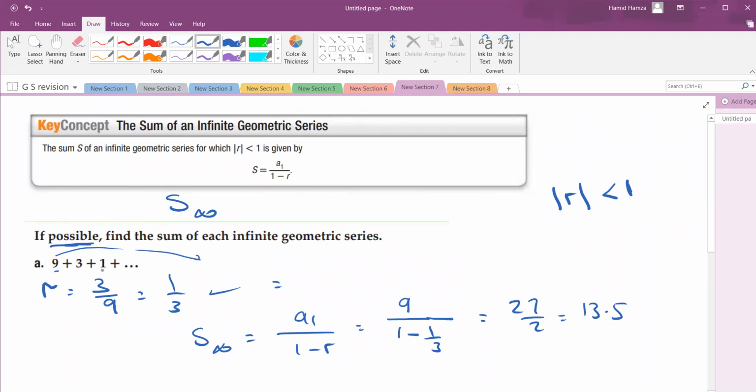Because you will notice that as we go along, the value of each term decreases: 9, 3, 1, 1 over 3, 1 over 9, 1 over 27, and so on. The terms decrease each time, they become fractions, so they have small values.